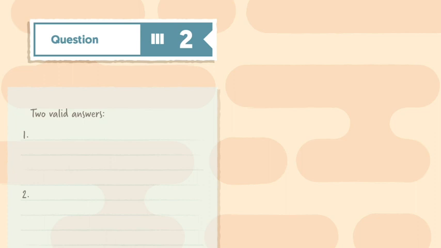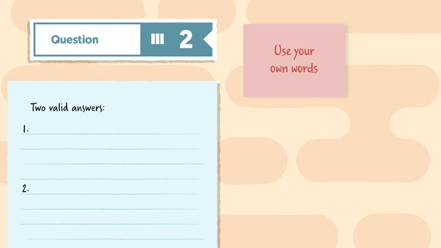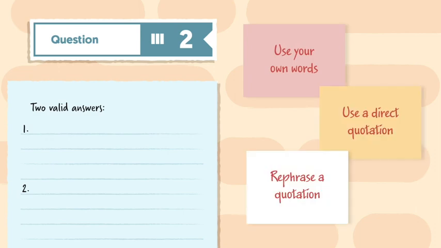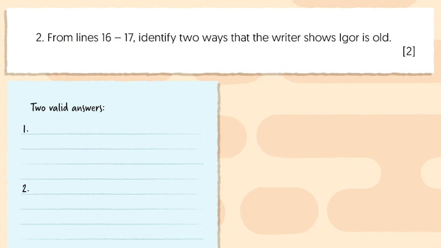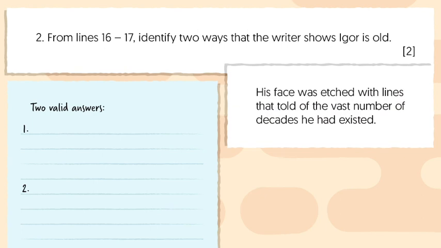For question 2, the same skill is being assessed, but there are a couple of differences. So this time, you need to identify 2 valid answers, and you're allowed to use your own words. This means that you can use a quotation from the text directly, or rephrase it to explain the same point. For example, let's imagine that the question asks you to identify 2 ways that the writer shows Igor is old, and the text says, his face was etched with lines that told of the vast number of decades he had existed.